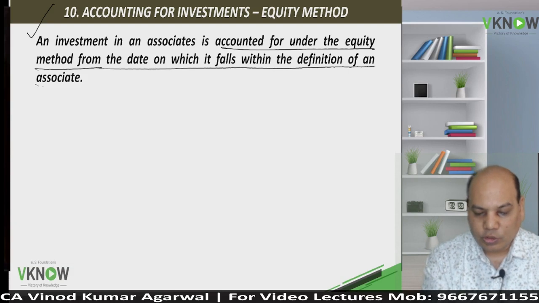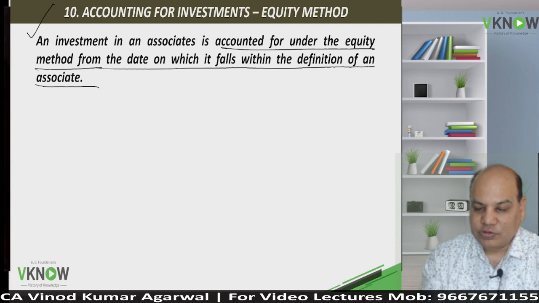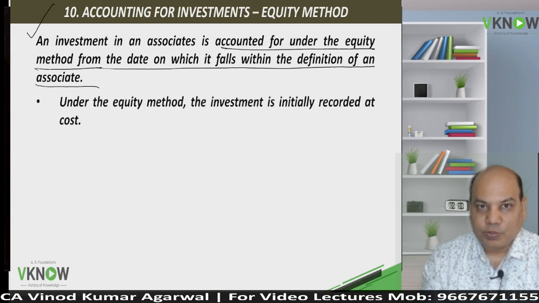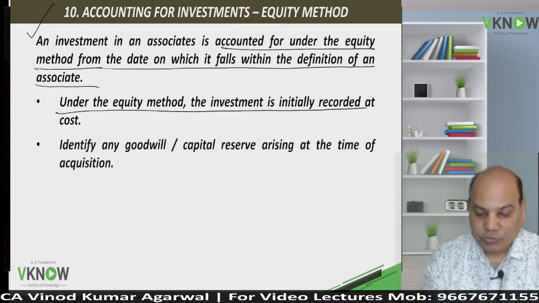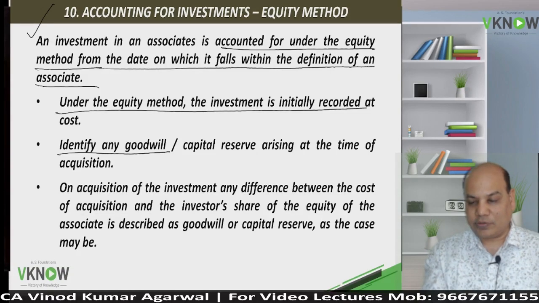So we will follow the equity method of accounting from the date the investment is treated as associate. First point explained to you: day one, investment will be initially recorded at cost. On day one, we will identify goodwill or capital reserve.